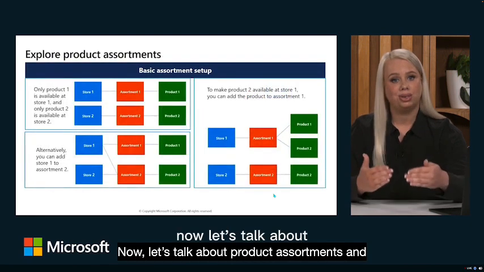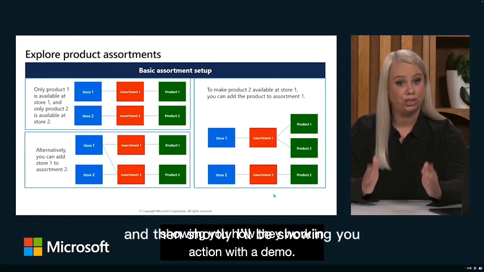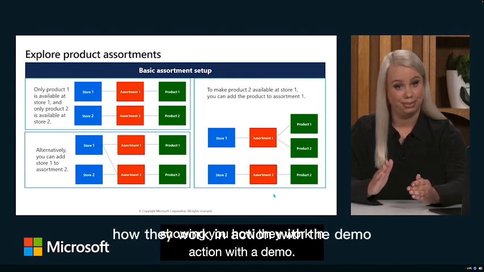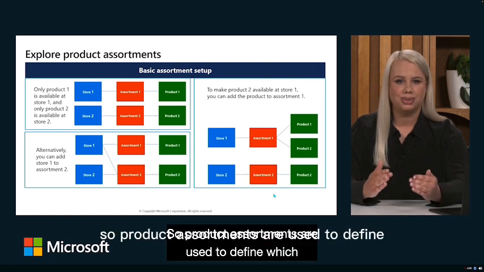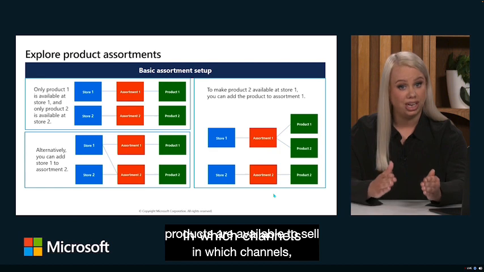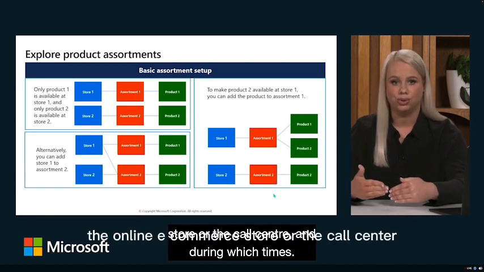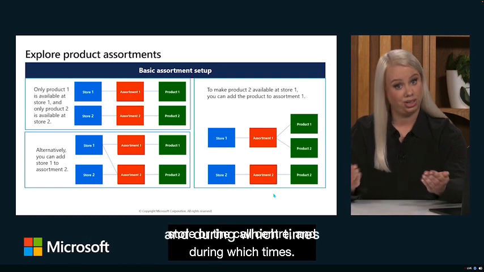Now, let's talk about product assortments and cover what they are, and then shortly I'll be showing you how they work in action with a demo. So product assortments are used to define which products are available to sell in which channels, be it in the physical store, the online e-commerce store, or the call centre, and during which times.